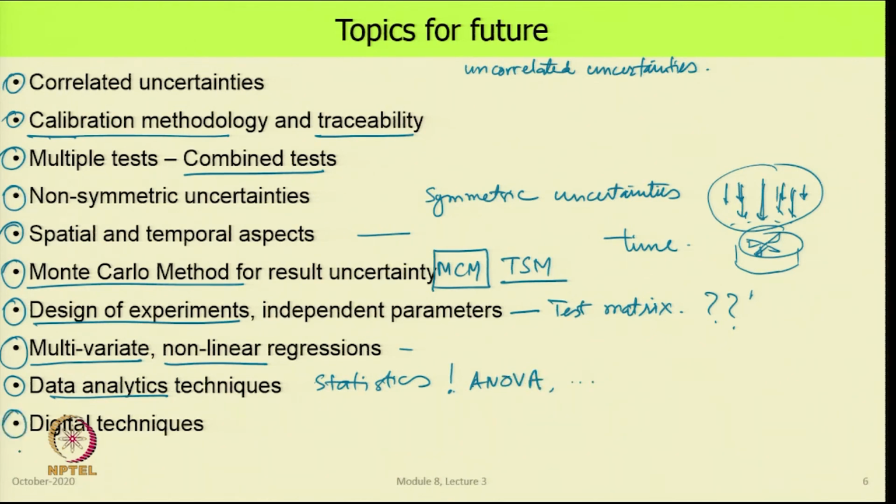And then there are various sophisticated techniques like digital techniques, where you may look at signal processing, and this could be related to data or data sequence or pictures or video.